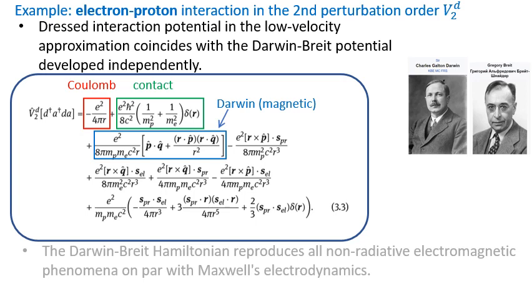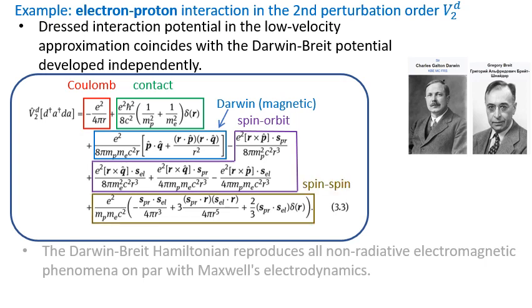The next one is Darwin's or magnetic potential, which depends not only on particle positions, but also on their momenta or velocities. There are also terms in which particle momenta interact with their spins. They are called spin-orbit terms. And finally, there are spin-spin interactions.